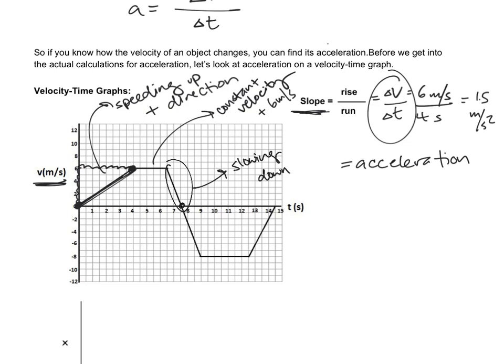Right when it hit 0, that was a stop. And this last leg right there, we're speeding up, but in the negative direction. So we slowed down, stopped, turned around, and started speeding up in the negative direction. Then we get to another flat line. This flat line means constant velocity again.